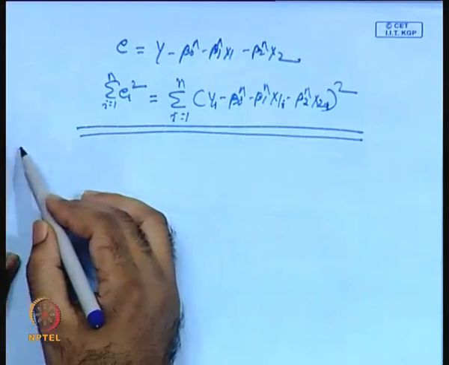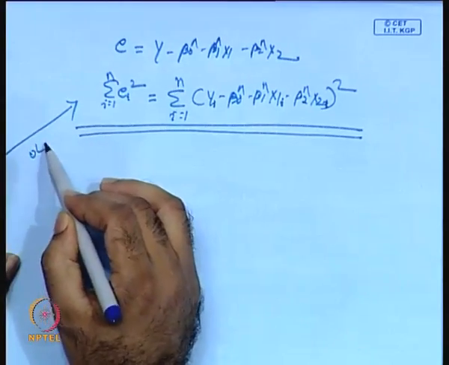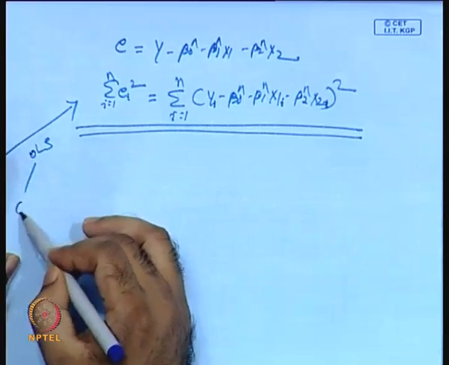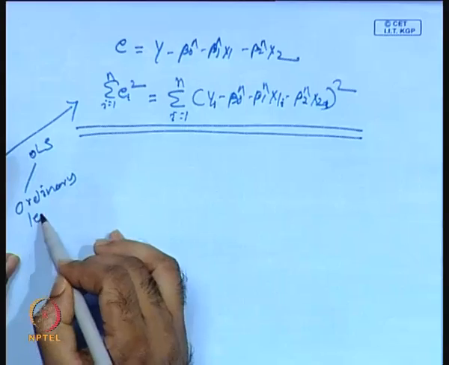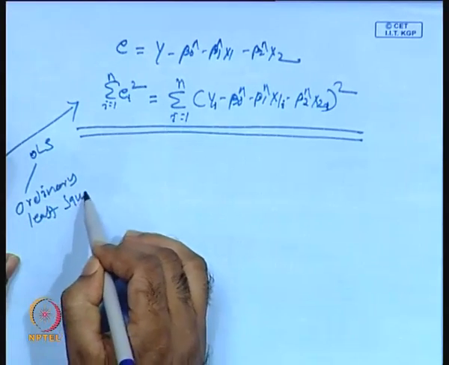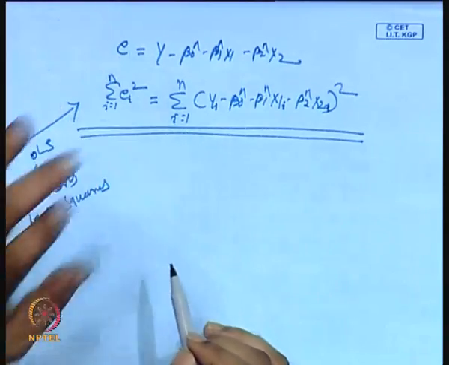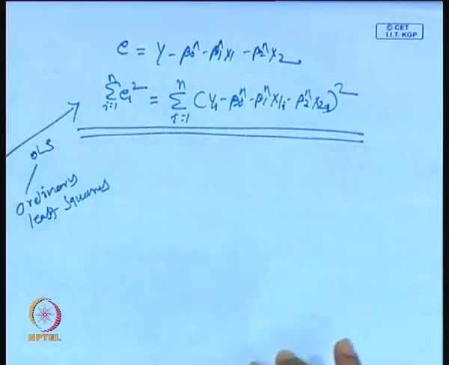So we have to apply OLS techniques, that is, standard ordinary least square methods, to minimize this error sum. Again we have to go for an optimization technique, because we want to minimize the error sum, so we follow the minimization principle.